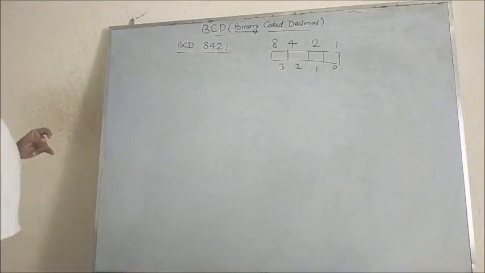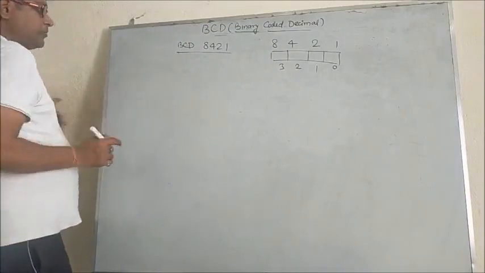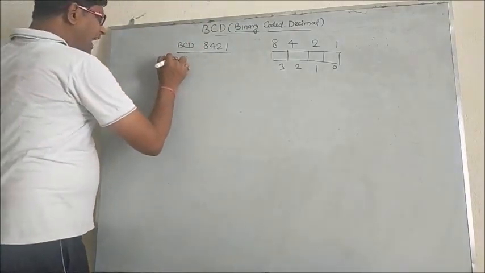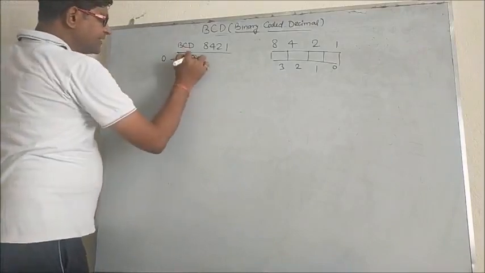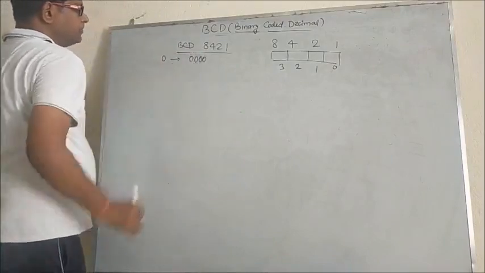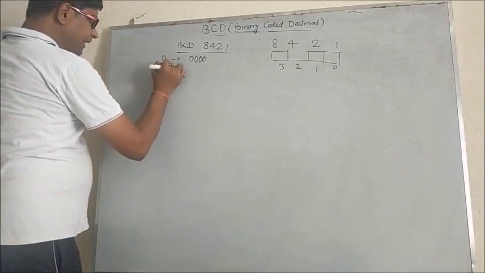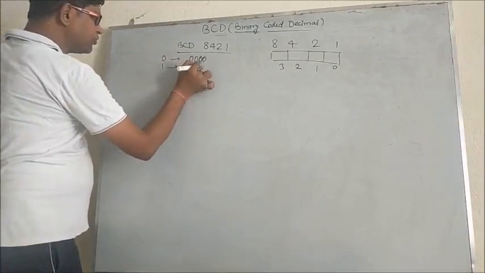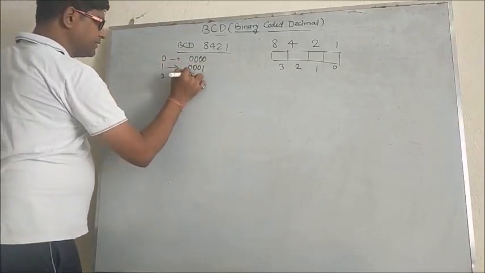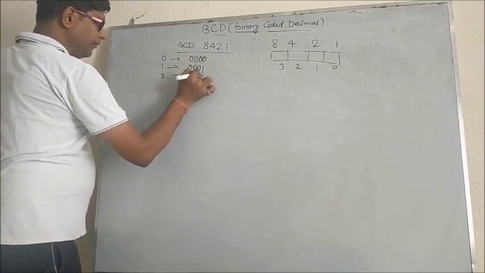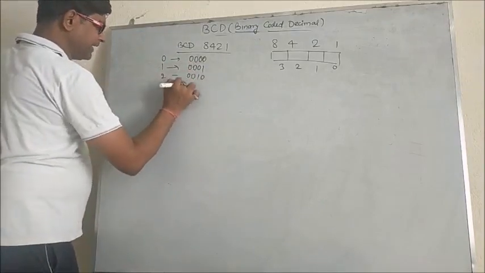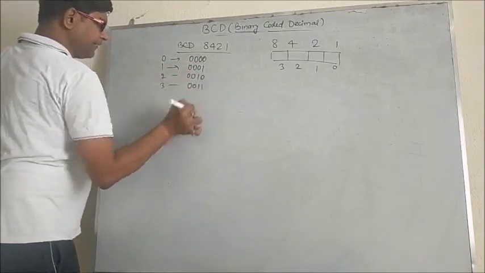Now see how it goes. For 0, the BCD code will be 0000. For 1, it is 0001. For 2, it is 0010. For 3, it is 0011.